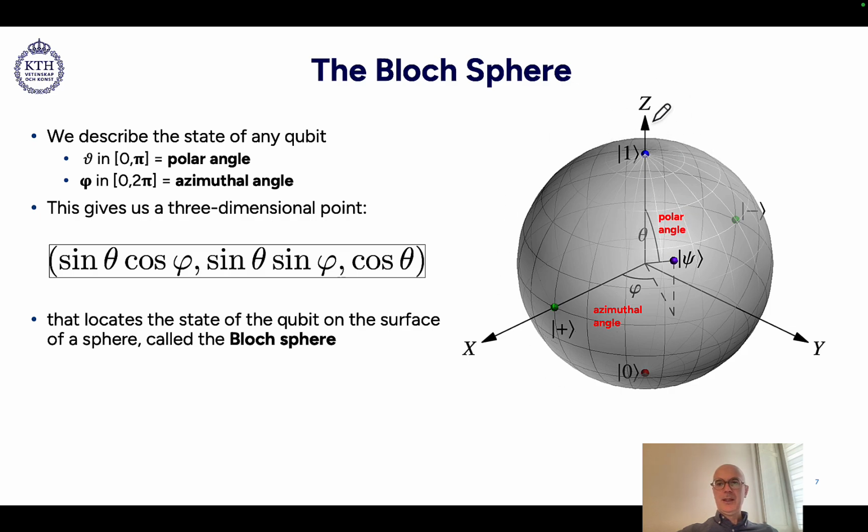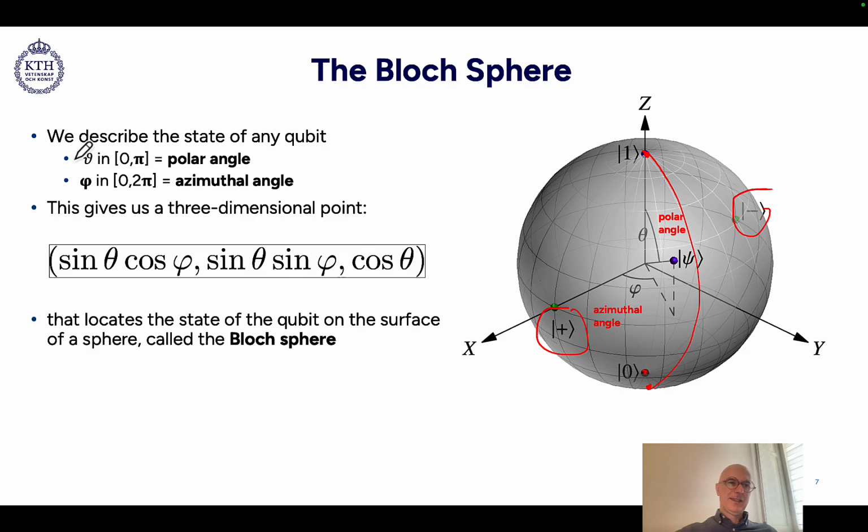We have 3 axes, x, y, and z. And then you see that we have our computational basis, that is 1, that is a classical bit. And on the opposite side, here on the south pole, we have 0. We also have the plus state and the minus state on the opposite sides in the x direction. So we can describe the state of any qubit using 2 numbers.